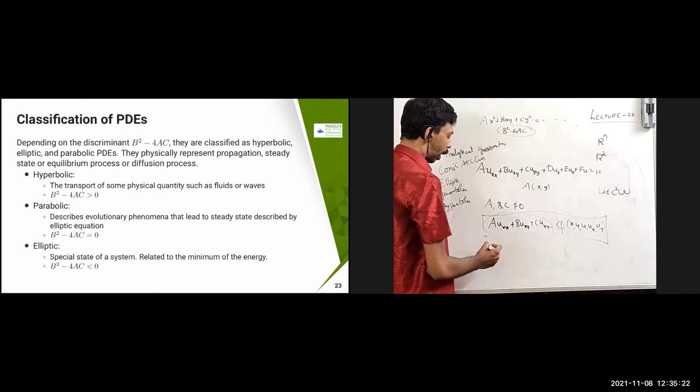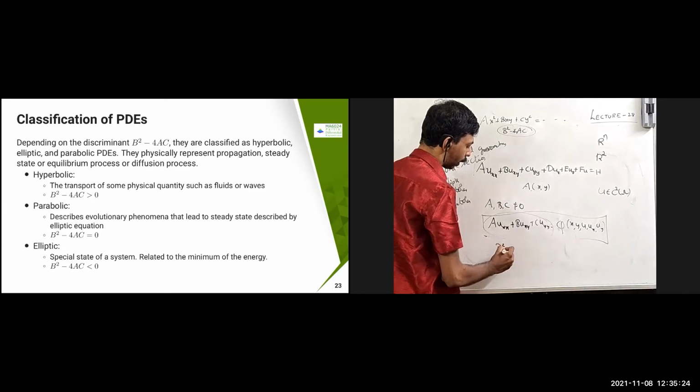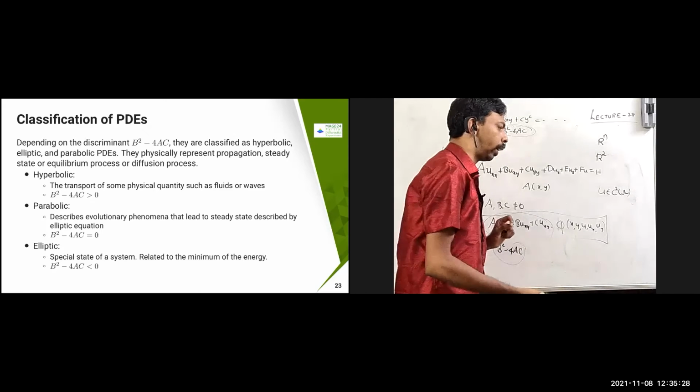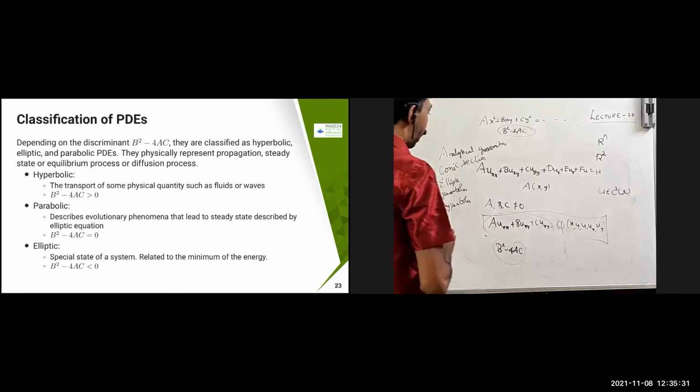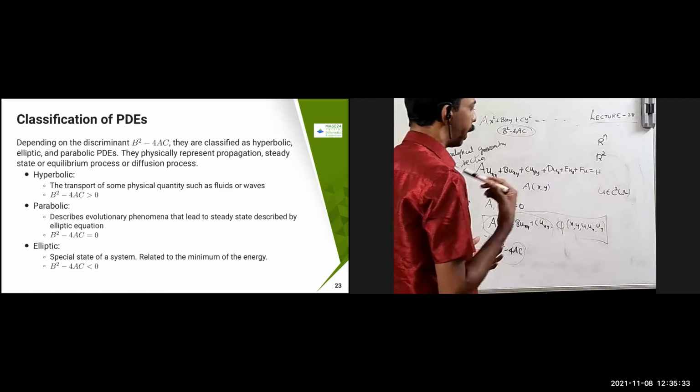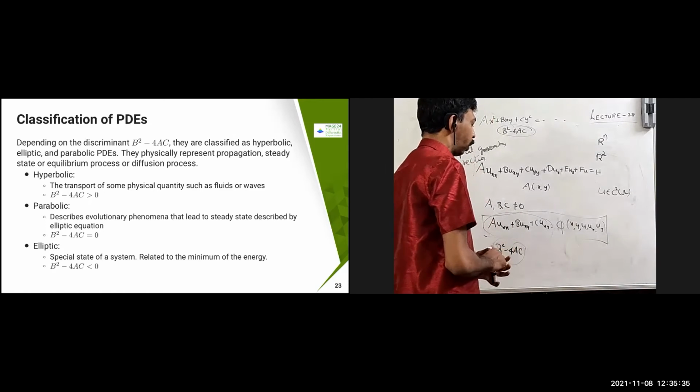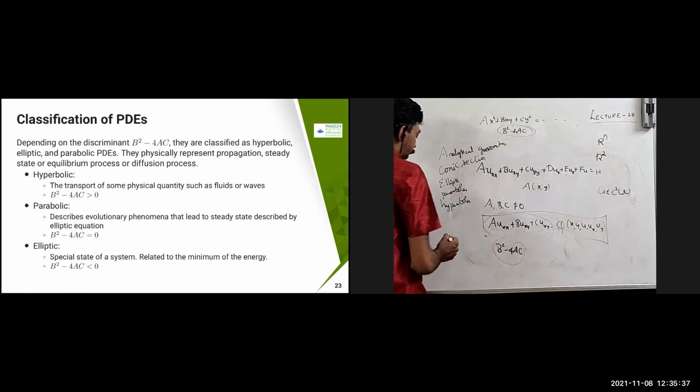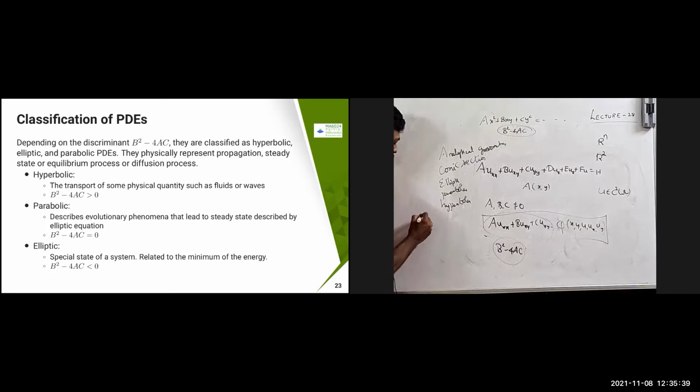So I have to find what my b square minus 4ac is here also. This b square minus 4ac is going to determine whether the PDE is a hyperbolic PDE, elliptic PDE or parabolic PDE. These three are very important topics in PDE.